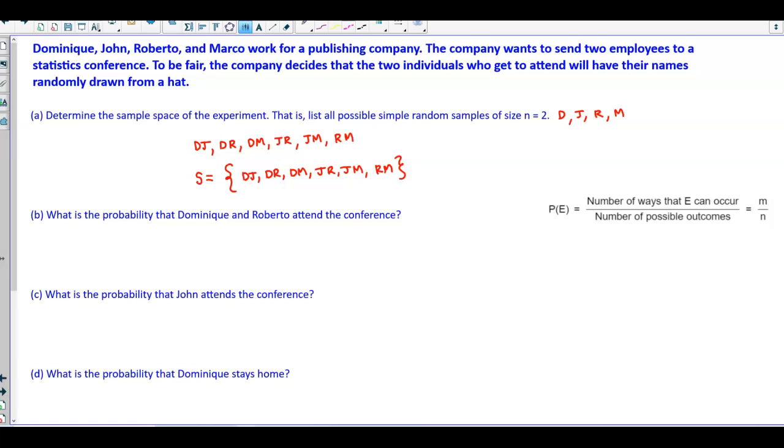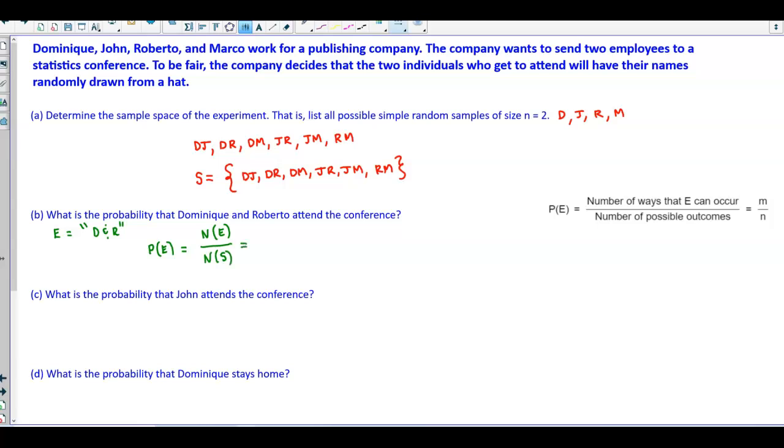The event E is that Dominique and Roberto are going to attend the conference. We want to find the probability of that event E occurring, so we find the number of ways that E occurs divided by the number in the sample space.